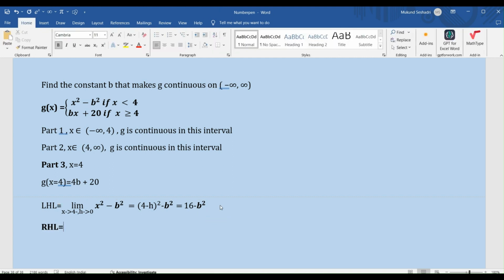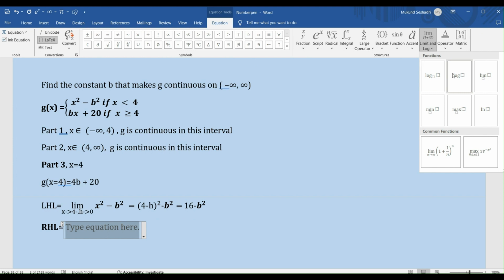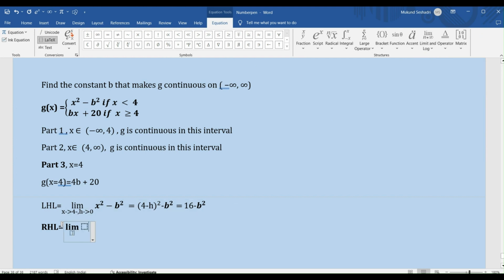And what is my RHL? My RHL is approaching 4 from the right. So when I approach 4 from the right, I will have to calculate my limit using the function g of x for x greater than 4. And what is the function we have for x greater than 4? We have bx plus 20, right? And what do I need to do now? My x is going to take a value 4 plus h, right?